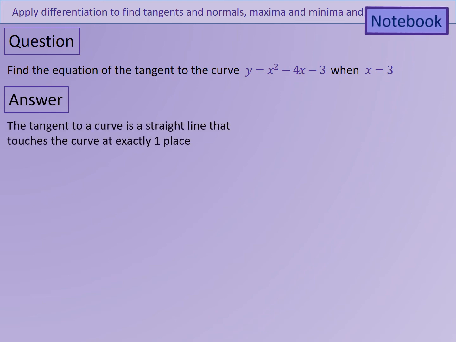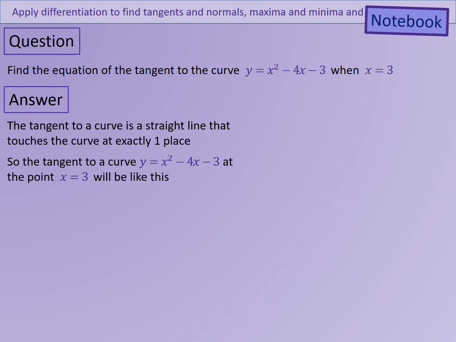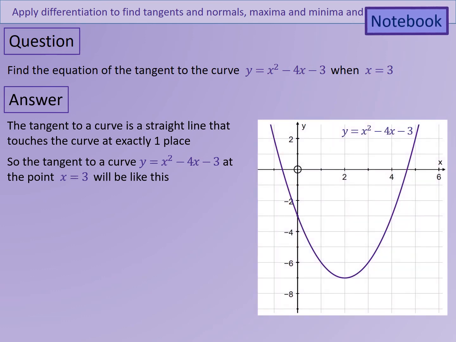Okay. So we already know from other topics that the tangent to a curve is a straight line that touches the curve at exactly one place. And that tangent line is going to look different depending on whereabouts on the curve we choose. So in this particular question, we're going to be choosing the point x equals 3. So here's the quadratic.